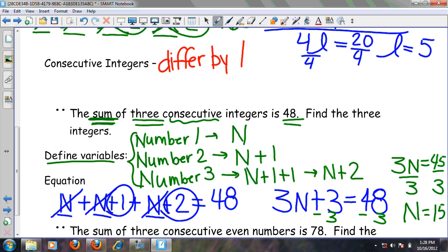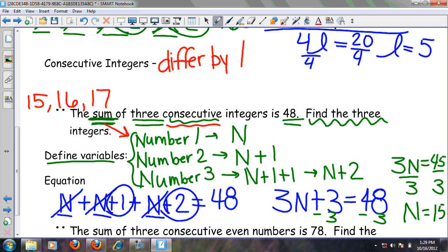Are we done? We're supposed to find the 3 integers. If n is 15, what number was just n? Number 1. So my first number is 15. That means if they're consecutive, my next number would be 16. My last number would be 17.